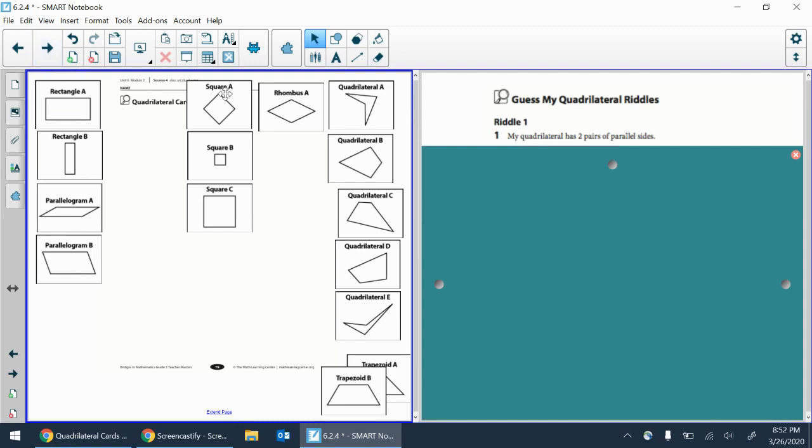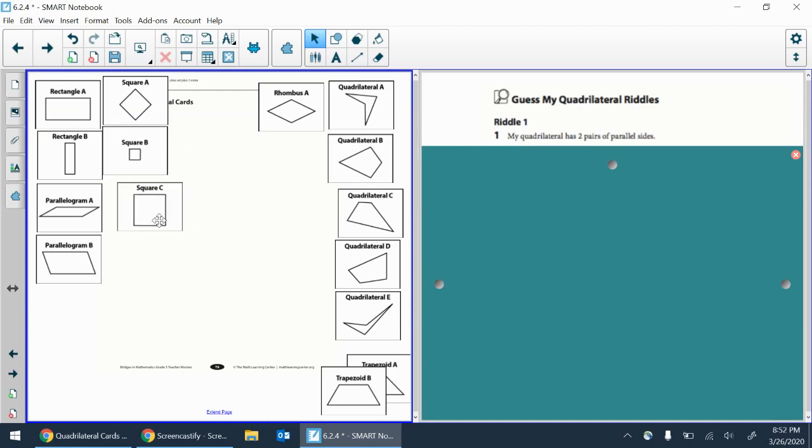Squares. Do I have two pairs of parallel sides? Yes, I do. So I'm going to move them over to the yes, it does. This is the yes, it does here. My rhombus, does this have two pairs of parallel sides? Yes, it does. These are parallel and then these ones are parallel. So I'll bring them over here. All right, off to my quadrilaterals. Do these have parallel sides?